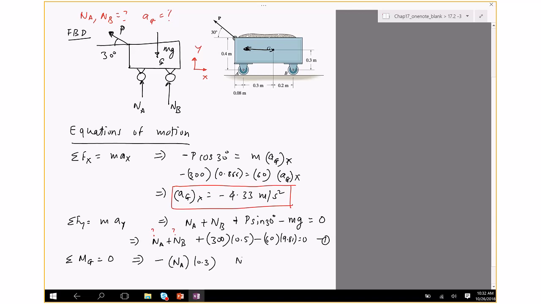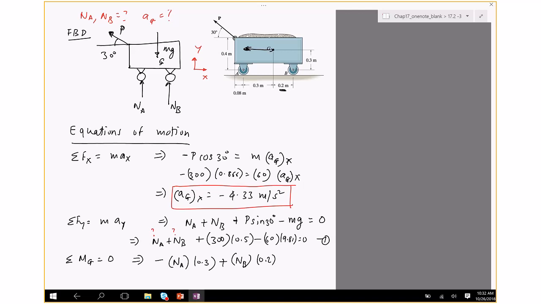Next, NB is at a distance of 0.2 from G, so the moment is 0.2 NB. If you hold the object about G and apply the force at NB, then it's going to cause a counterclockwise torque, so positive. The third force, mg, acts at G. The moment arm is 0, so the contribution is 0.